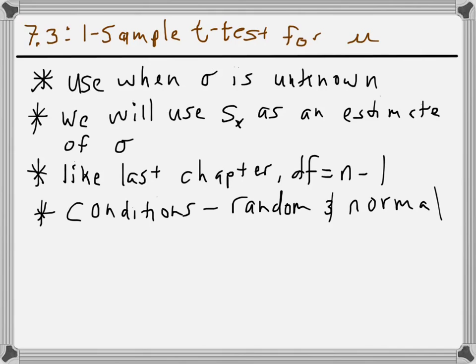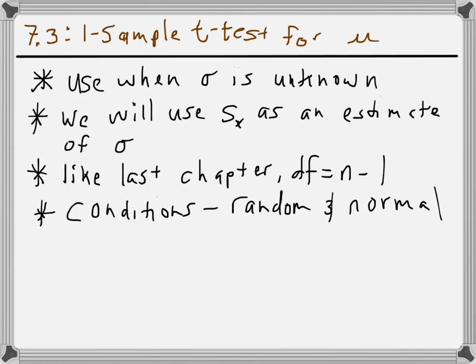That's in this case the random and normal condition, and we also need to calculate a test statistic using the statistics from the sample, and we'll find a p-value, and from that p-value we'll make a decision whether to reject or fail to reject the null hypothesis, and then we'll wrap it up nicely with a conclusion in context of the problem, that is usually answering the question that is given.